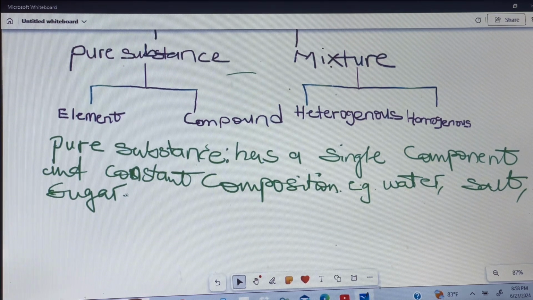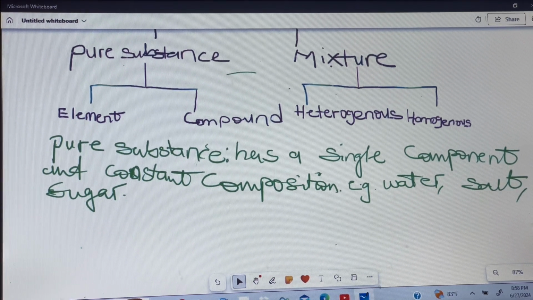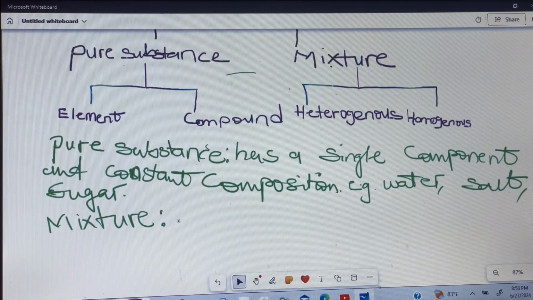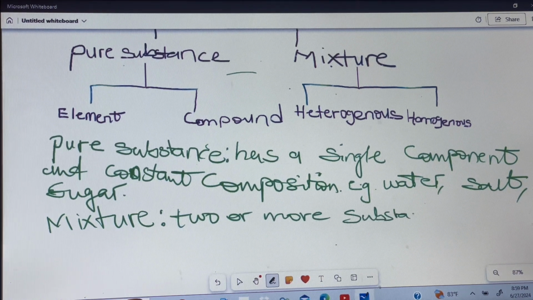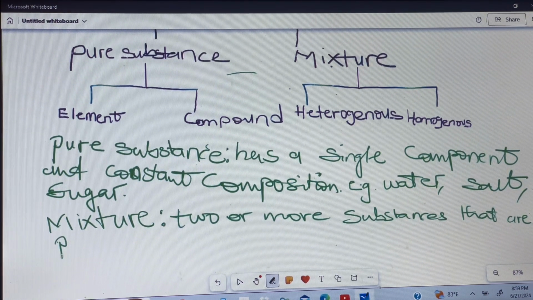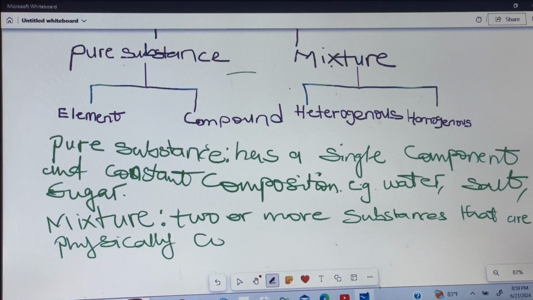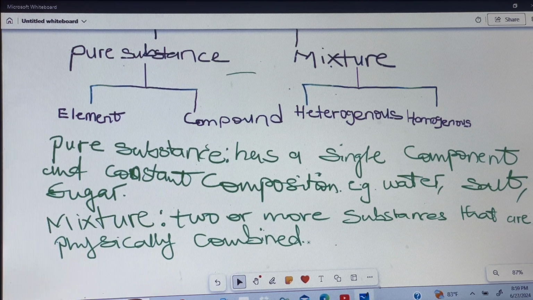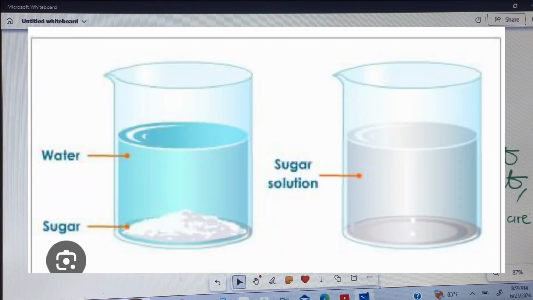Then the next one, I'm going to explain what a mixture is. A mixture is composed of two or more substances that are physically combined. Two or more substances that are physically combined, that's a mixture. So, for example, we have sugar and water.